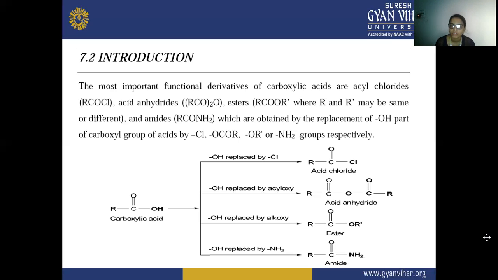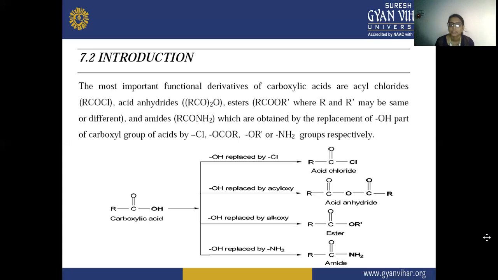So this is the introduction part, in which the important functional groups of carboxylic acid are acyl halide, acid anhydride, esters and amides. In esters, two alkyl groups are attached, and they can be different also. Both can be the same, both can be alkyl groups, or one is an alkyl and the second is an acyl group.